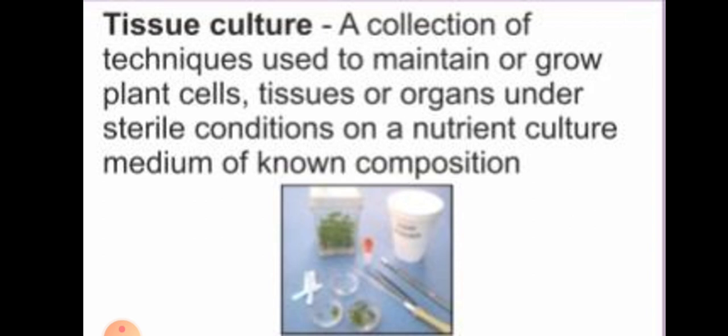These plantlets are buried in pots of soil to obtain new varieties of plants. This technique is also called micropropagation. For example, tissue culture can be used in plants like orchids and chrysanthemum.